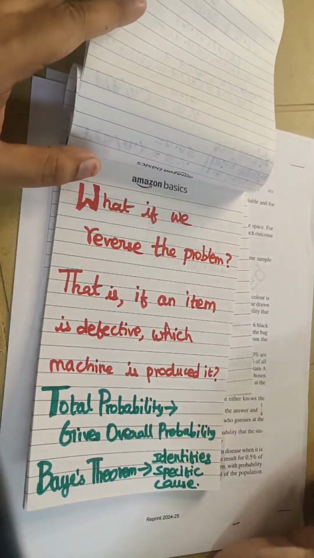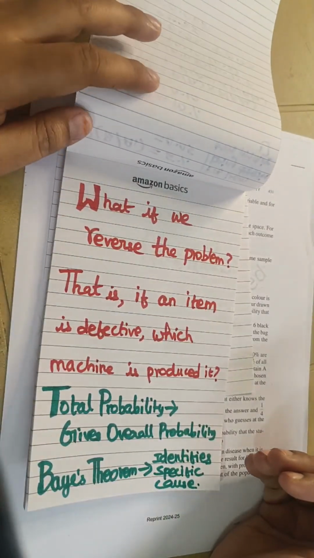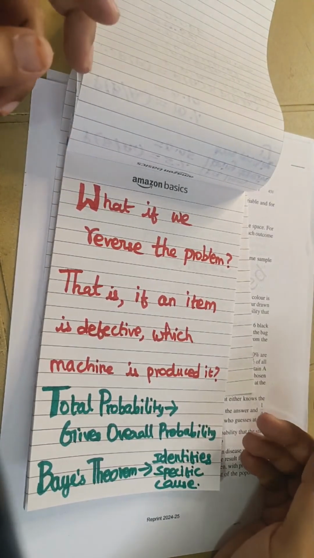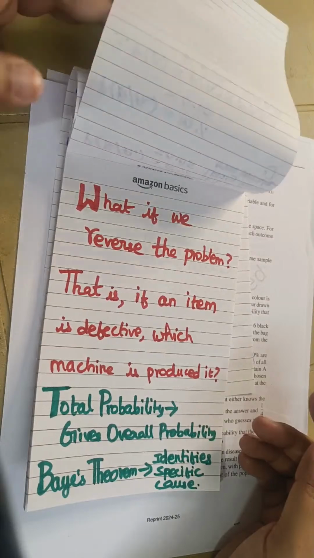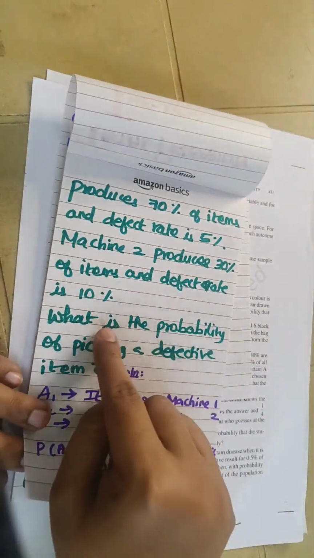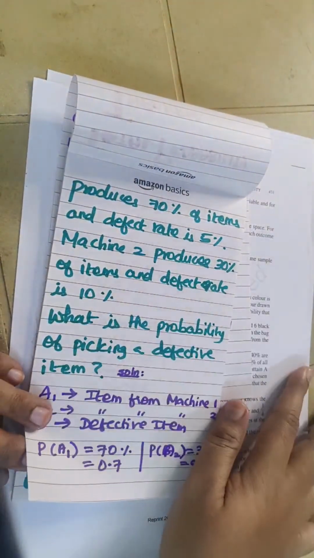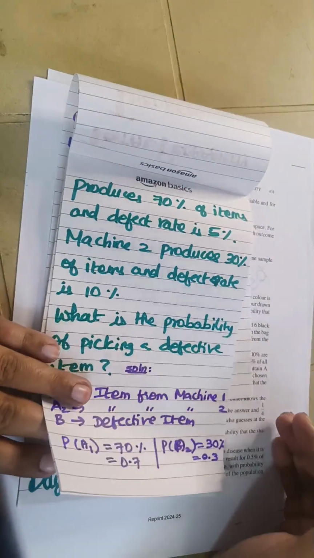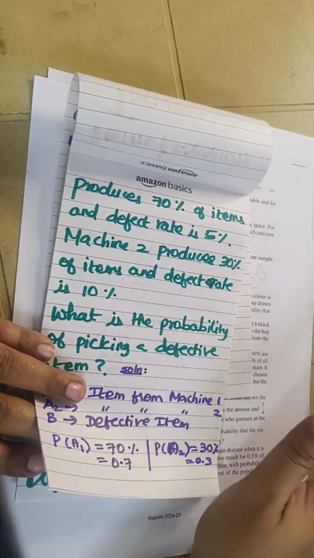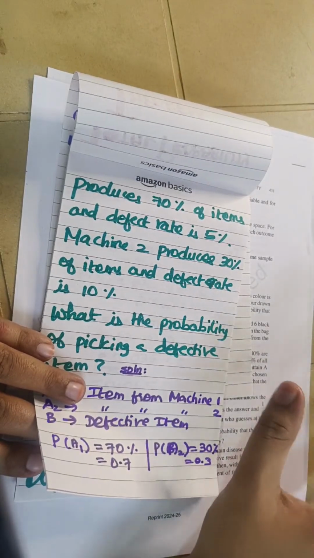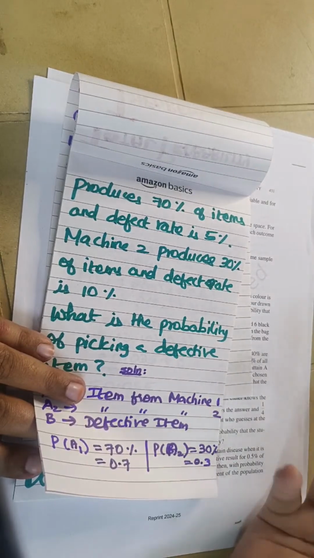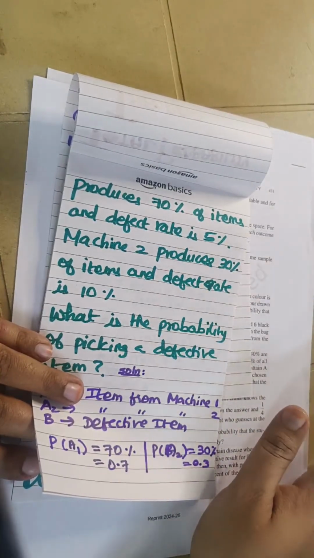So, when will we use the Bayes theorem? Here I have mentioned, what if we reverse the problem? My question was, what is the probability of picking a defective item? But now my question is, I know it is defective. I have taken an item or an object, whatever you take, and I already know it is defective.